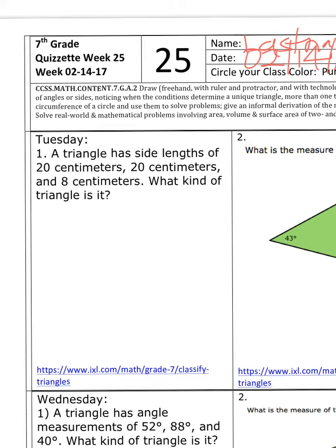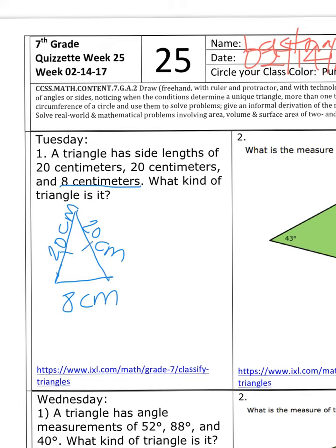So for this one, I'm going to draw a side length of 20 centimeters, and then another side length of 20 centimeters. I want to make sure they're equal because 20 centimeters is equal to 20 centimeters. And the last side is 8 centimeters. By looking at this triangle and thinking of the different types of triangles that we reviewed last week, or looking at your math notes, it says that an isosceles triangle has congruent sides and 2 congruent angles.